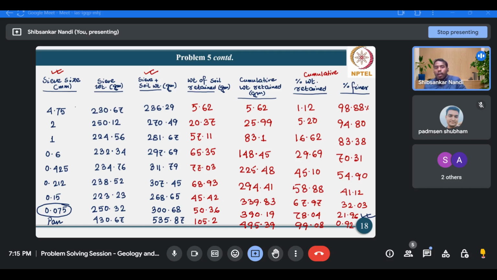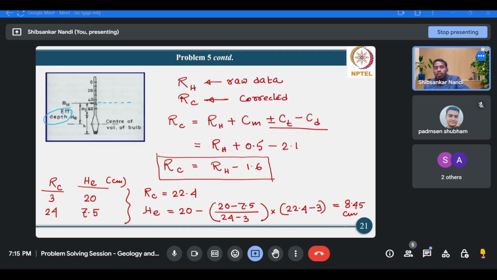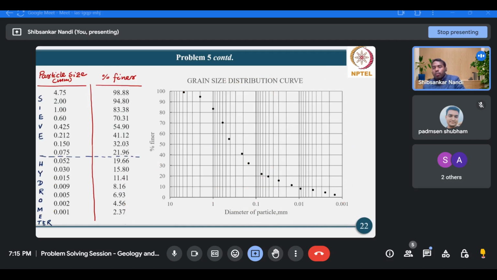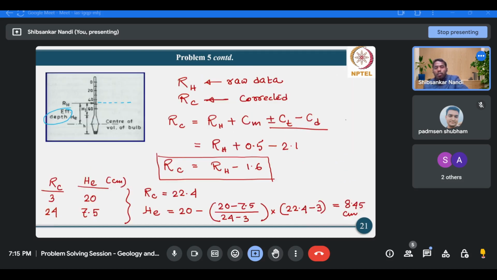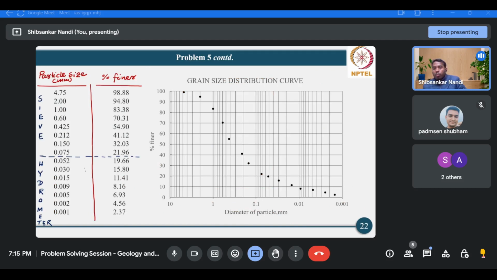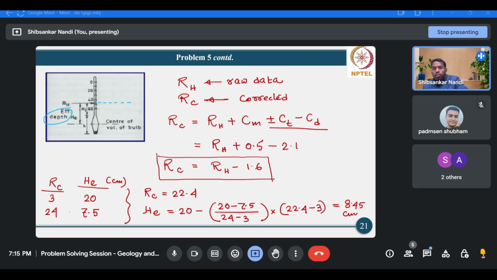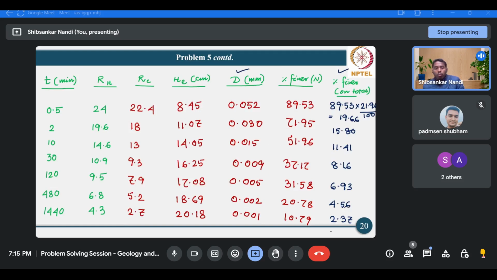So 4.75, 98.88, then 0.075, 21.96. And for the hydrometer, you have to bother about only this column and this column. So 0.05 to 19.66, then at the end 0.001, 2.37.